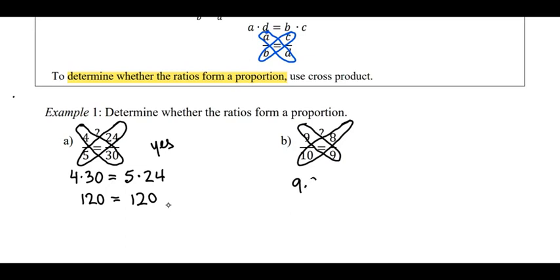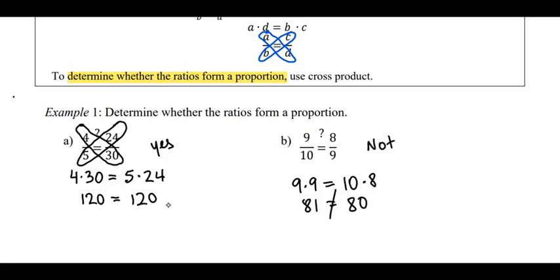So 9 times 9 on one side, and 10 times 8 on the other side. So 9 times 9 is 81. 10 times 8 is 80. So they are not equal to each other. So 9 over 10 and 8 over 9 do not form a proportion. Not a proportion.